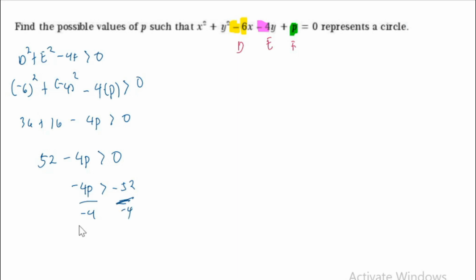Since we are dividing by a negative number, the inequality symbol will be reversed. So p is less than negative 52 divided by negative 4, which is positive 13. So p must be less than 13. That is now the possible values of p.